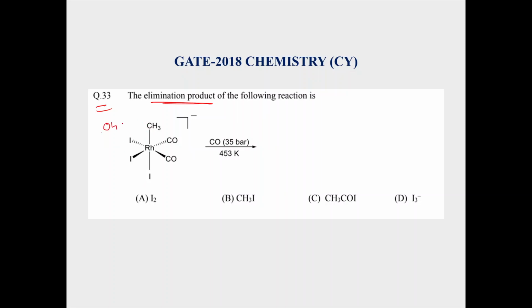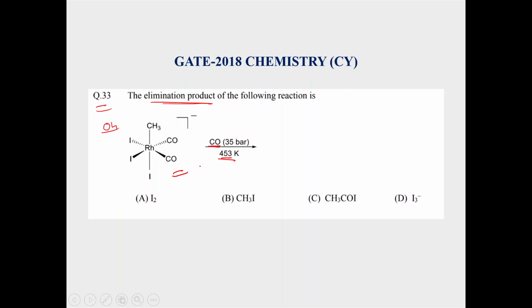So it's an octahedral complex, in which rhodium is coordinated to one CH3, 3 I, and 2 carbonyl ligands. The complex has an overall charge of minus, and the reaction is with CO at 35 bar at 453 Kelvin. What will be the elimination product from this compound?